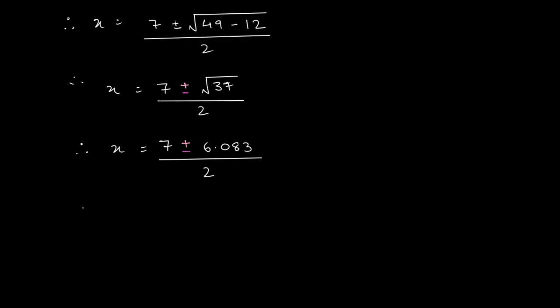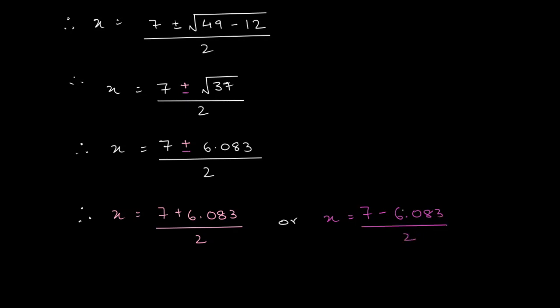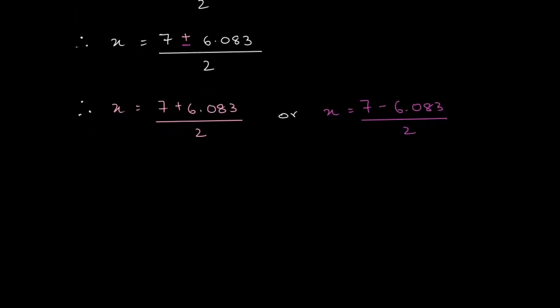Understand that a quadratic equation will have two roots. The first root is x is equal to 7 plus 6.083 divided by 2, and the second root will be 7 minus 6.083 divided by 2. One root will be with the plus sign, the second one with the minus sign. Let's simplify this further.